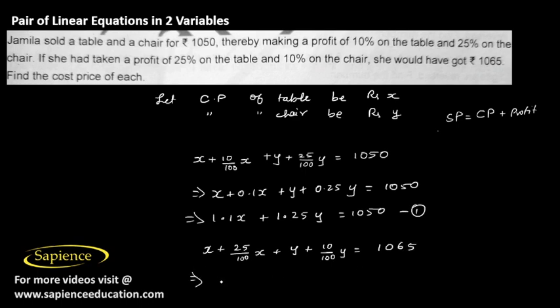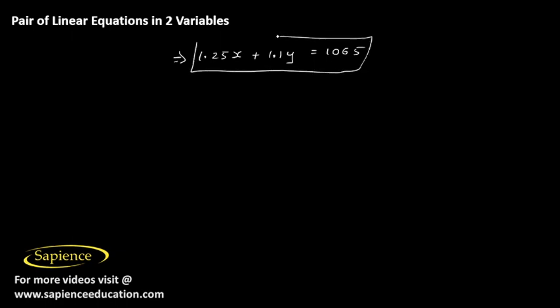Again, we will simplify this equation: x plus 0.25x plus y plus 0.1y equals 1065, which can be written as 1.25x plus 1.1y equals 1065. This is the second equation.